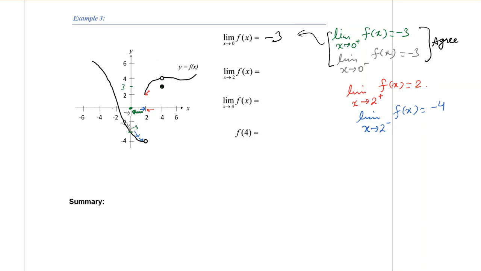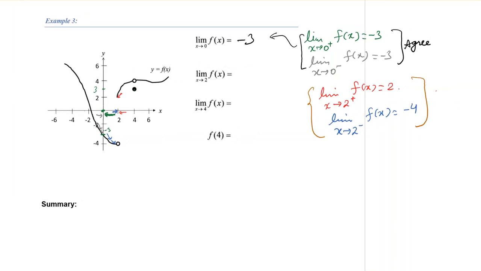If we look at these two cases together, we can deduce that these two limits do not agree. We don't get the same answer for both one-sided limits, so that implies that this limit does not exist.